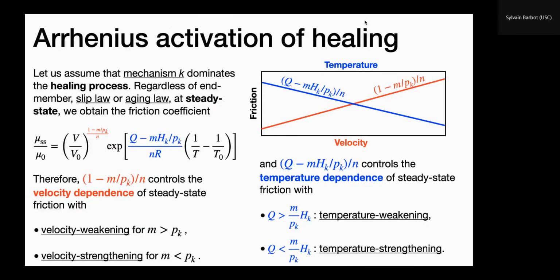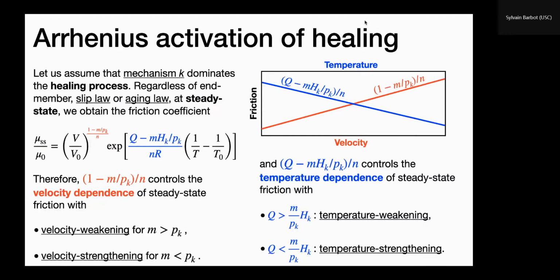And that's kind of important because you can be velocity weakening and temperature strengthening, and that may control the rupture style, if you have crack-like or pulse-like ruptures, or supershear. But also you can be velocity strengthening and temperature weakening. And so Li-Feng actually worked on this.